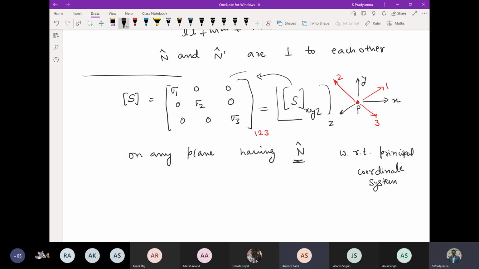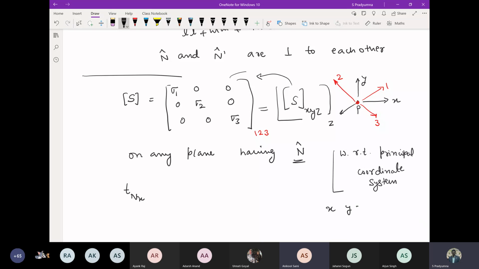Okay. Now let us consider a plane with unit normal n. These are all represented with respect to the principal coordinate system. So I am repeating. Therefore, I can say the traction vector along the xyz coordinate system is also inclined with respect to 1, 2, 3.